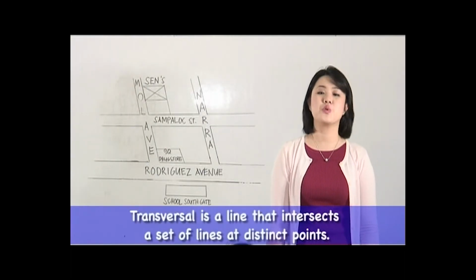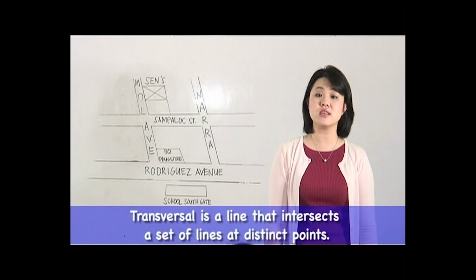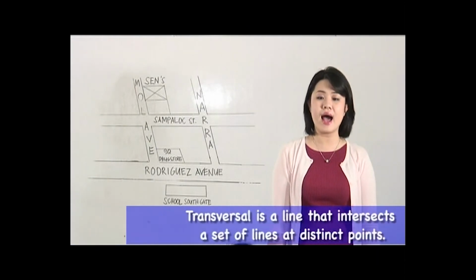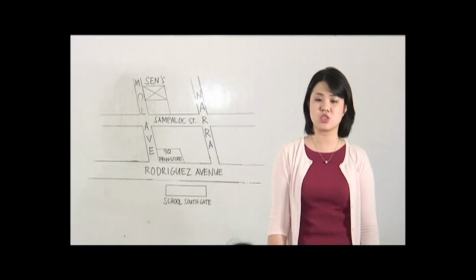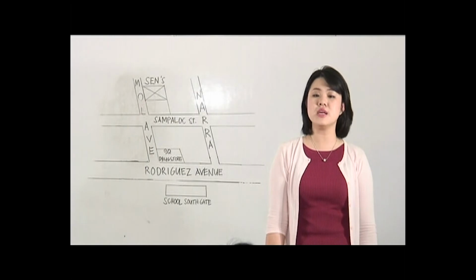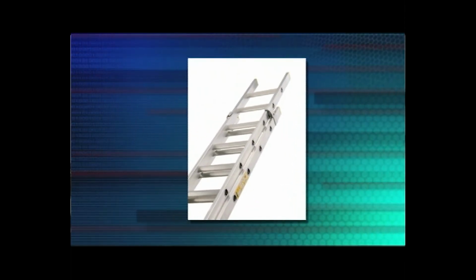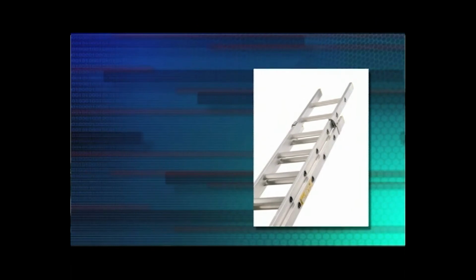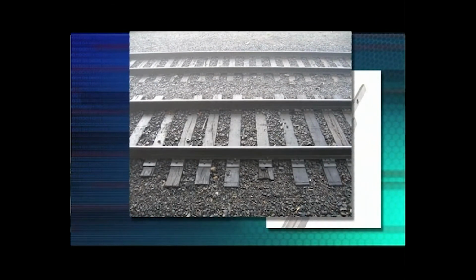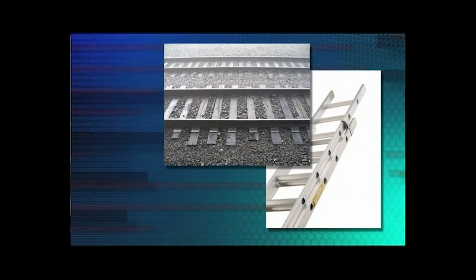For today, we will discuss transversals that cut a set of parallel lines and the angles formed by these intersections. What objects in real life illustrate parallel lines cut by a transversal? I think the rungs of the ladder can be the parallel lines, and the vertical supports will be the transversals. Railroad tracks also represent parallel lines cut by transversals.